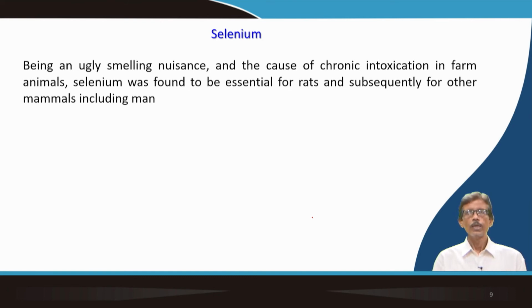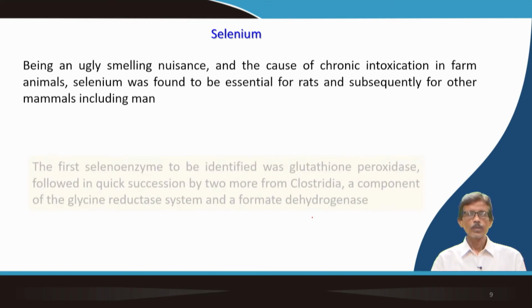Similarly, if a bacterium is available which can act on the mineral substrate, it can produce free Se0, that means elemental selenium. But finally, we have seen that it is not only very bad in terms of its odor and toxicity, but it can also be very useful for rats and subsequently for other mammals and animals, including us.